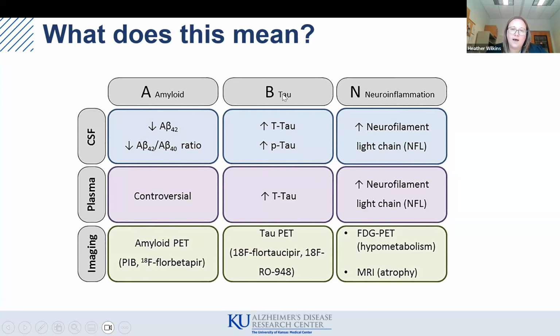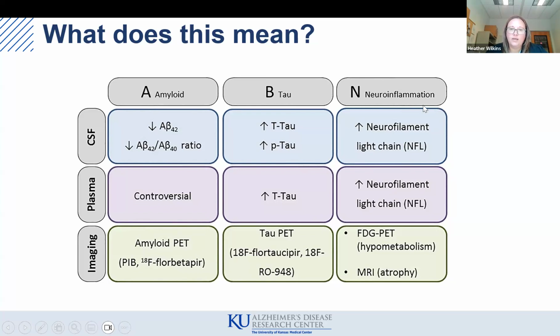And then we have tau, so ATN here. In the CSF, we always see higher total tau and phosphorylated tau. In the plasma, usually we see total tau, but again, these cutoffs have not been established, but we're getting there. In imaging, we have some tau PET tracers that are still undergoing research before final approval.